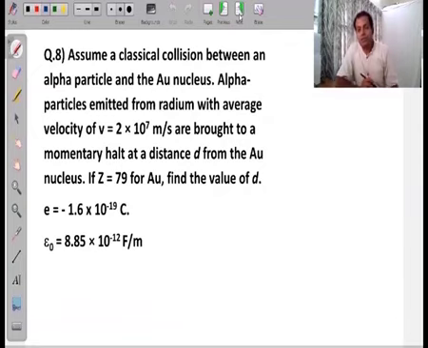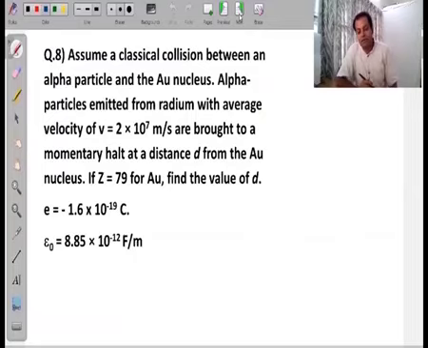Assume a classical collision between an alpha particle and the gold nucleus. Alpha particles emitted from radium with average velocity of 2 into 10 to the power 7 meter per second are brought to a momentary halt at a distance d from the gold nucleus. If Z is 79 for gold, find the value of d.